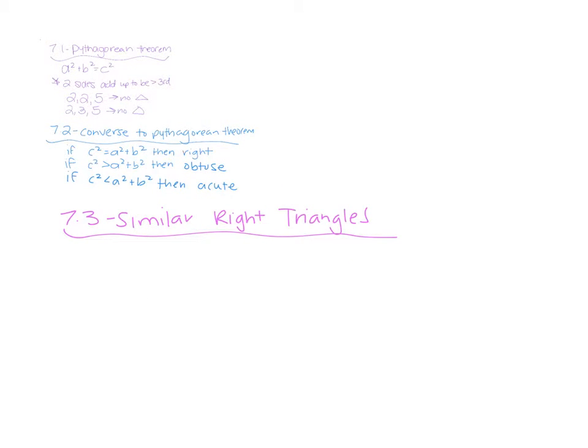All right, 7.3 was similar right triangles, and we started with geometric mean, which is the square root of the product of the two numbers they give you.